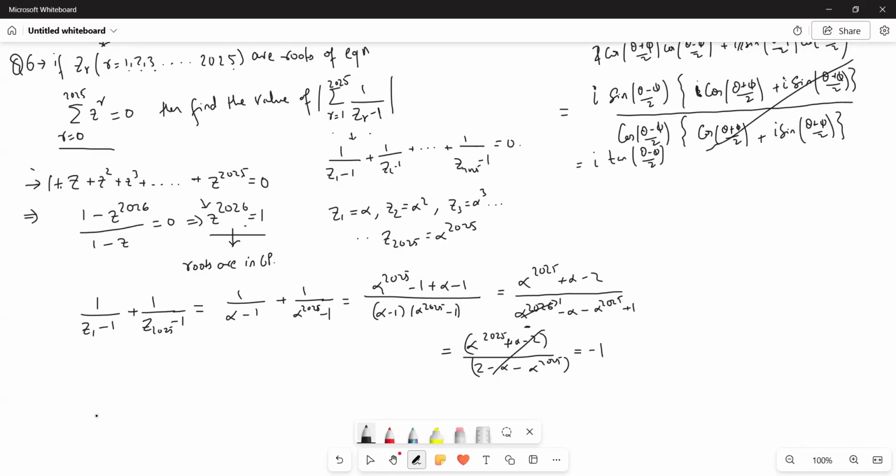So in this way what we can say is every pair, जैसे फर्स्ट टर्म का लास्ट टर्म के साथ, सेकंड टर्म का सेकंड लास्ट टर्म के साथ, every pair of the rth term from the beginning and the rth term from the end will end up becoming -1.